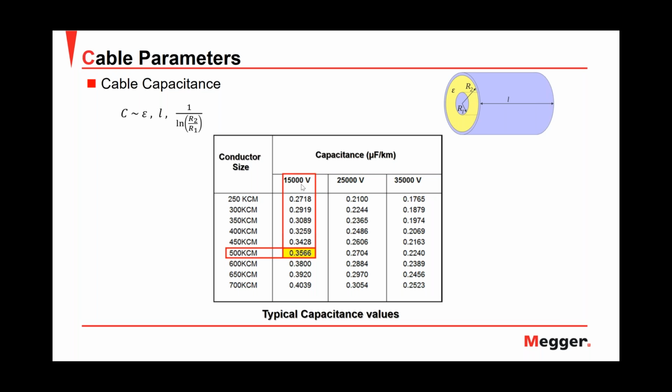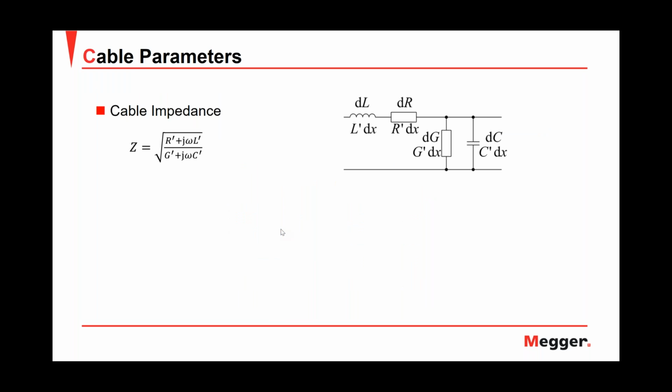And it's the same if you look at the same voltage. Let's consider the cable of 15 kV. As we increase the size of the conductor, you will see that the value of the capacitance also increases. But one more time, this depends on the geometry, the relation between the outer radius and the inner radius in the cable.